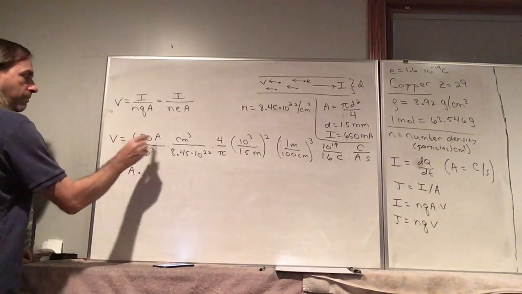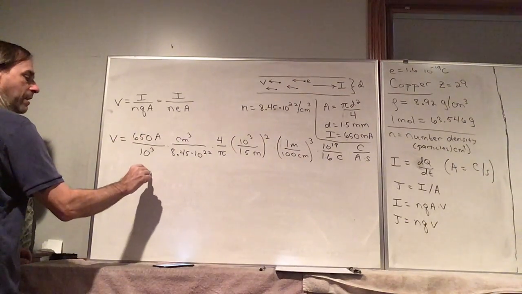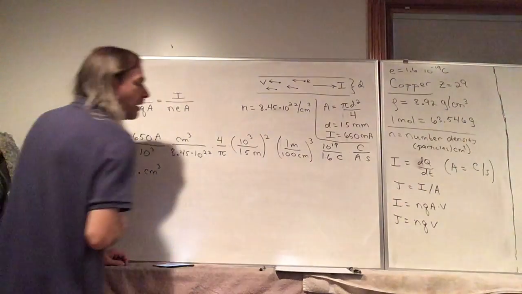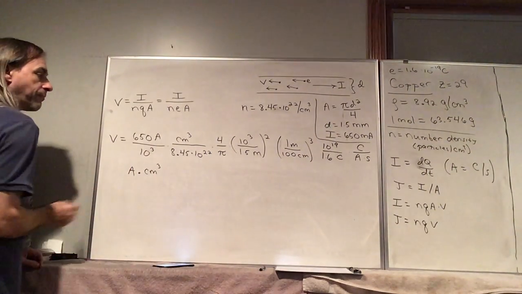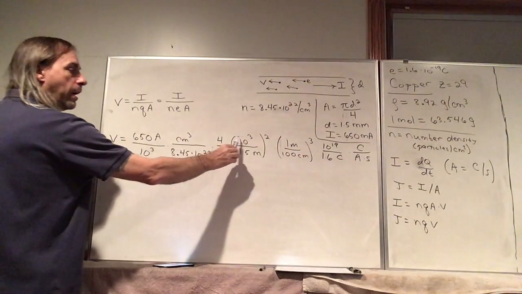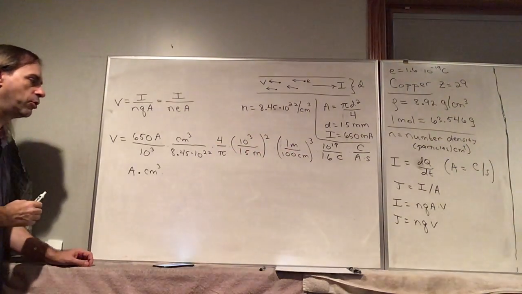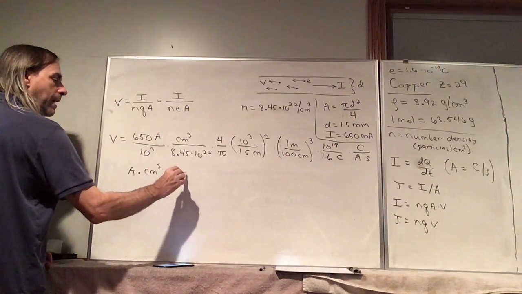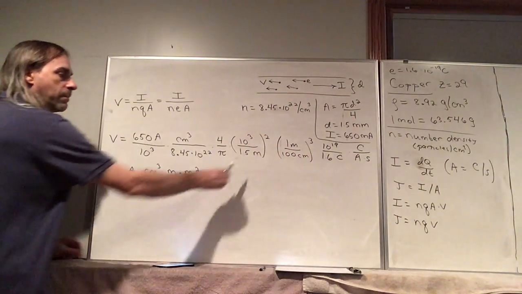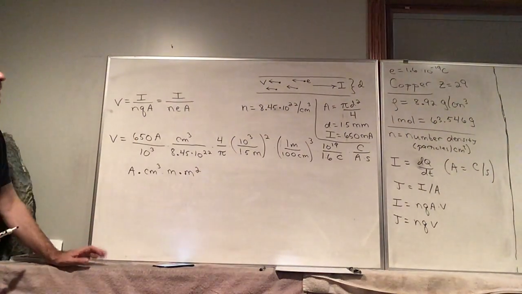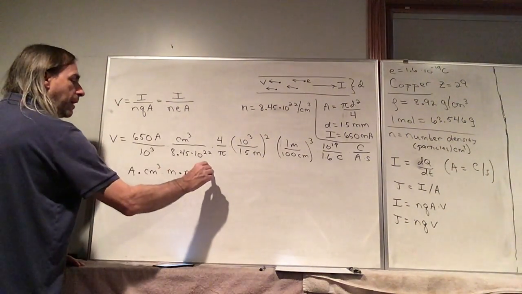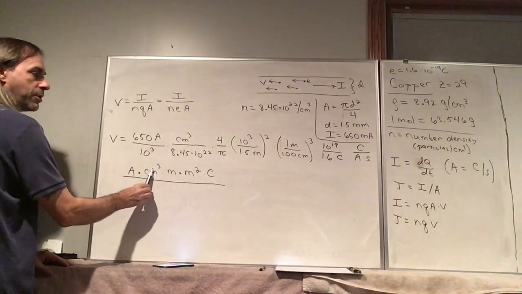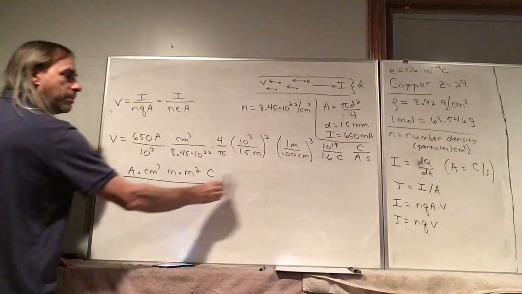So area, or amp, centimeters cubed. I'm going to write that because we see we're going to cancel out that way. Here we have meters cubed. I'm going to write meters cubed as a meter times a meter squared, because here we're going to have a meter squared cancel on the bottom. And then we have a coulomb. So amp, centimeters cubed, meters cubed, coulomb.